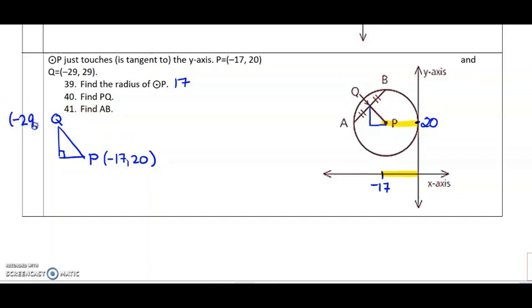Q is -29, 29, which means if I'm at -17 and I walk over to -29, that's 12. If I'm at 20 and I walk up to 29, that's 9. Well, isn't that 3 times 3? And this is 3 times 4. So this is going to be 3 times 5, or 15.